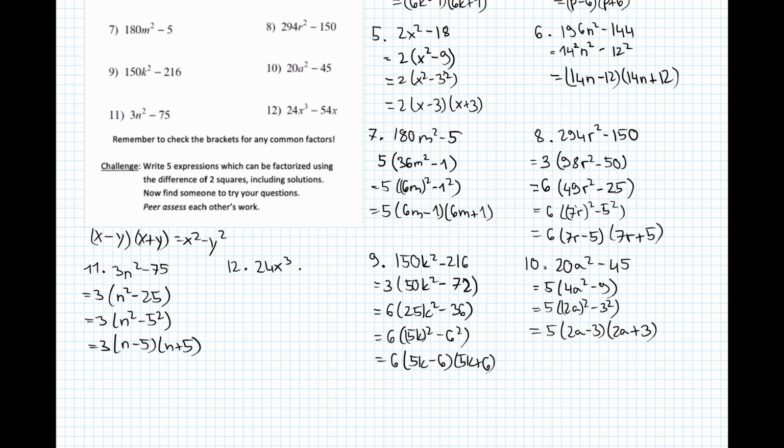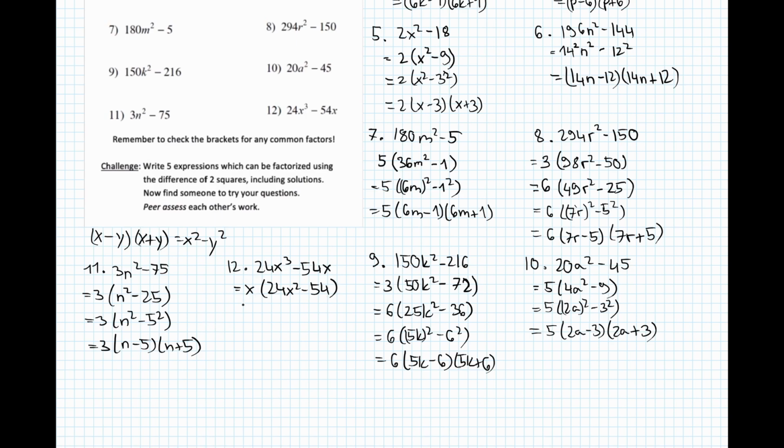Last one, 12. And now we have x cubed. But don't let that throw you off, because x cubed is not a perfect square. We can factor out the x. 24x squared minus 54, and that's still not a perfect square.